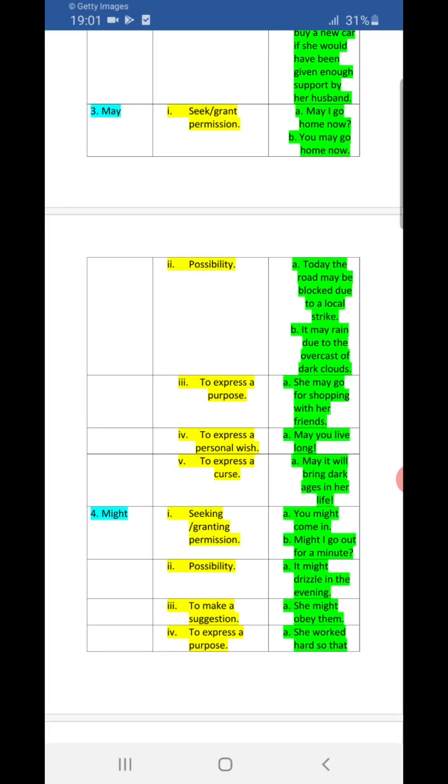Next one, number 5, to express a curse. Example, may it will bring dark ages in her life. So here expressing a curse, and what is the curse?